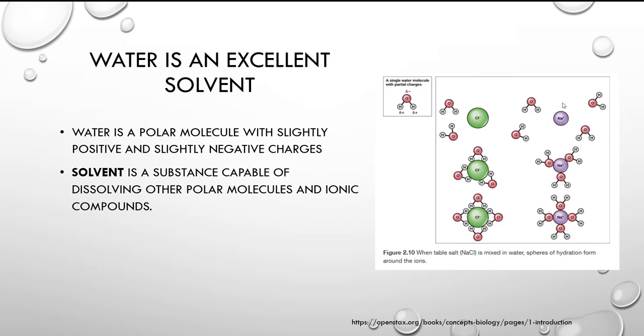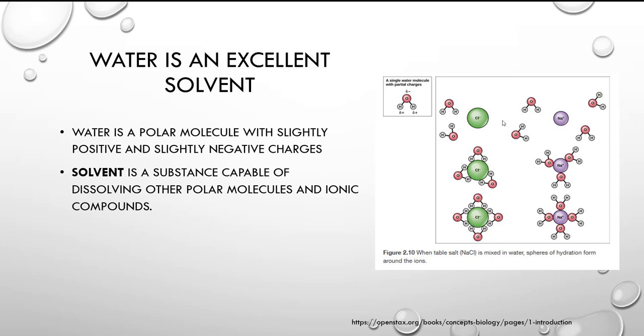Sodium basically had an extra electron in its outermost shell, so it wanted to lose that electron to form a cation, and chlorine wanted to gain that electron to form an anion, and so they formed an ionic bond. And in doing so, that ionic bond made them form a compound called salt.